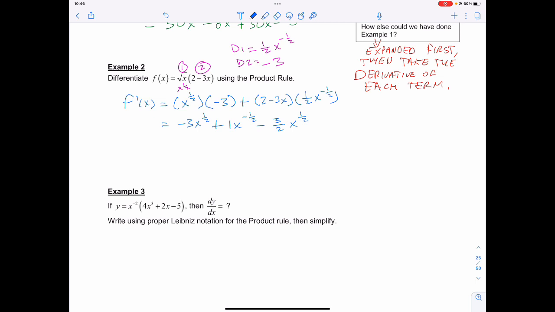And now I'm going to factor this. So remember, I'm going to factor out the smallest exponent for x, and I'm going to factor out this denominator. So I'm going to pull out a negative 1/2, and I'm going to pull out the smallest exponent for x, x to the negative 1/2.